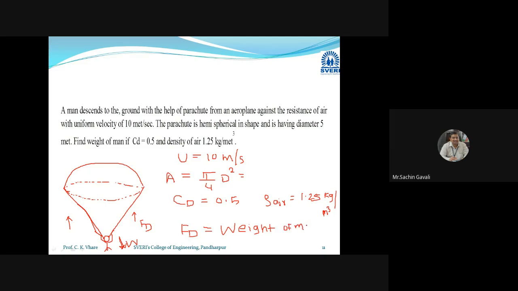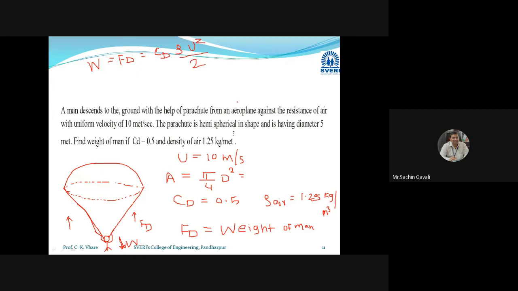The man is descending in equilibrium condition, so the drag force acting on the parachute is equal to the weight of man. Everybody understand? Therefore, weight of man is equal to FD, which is equal to CD rho u square A divided by 2.